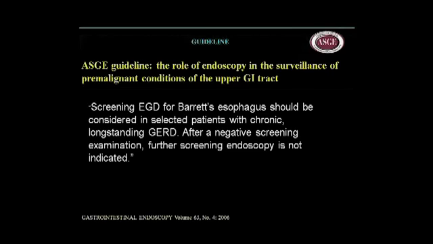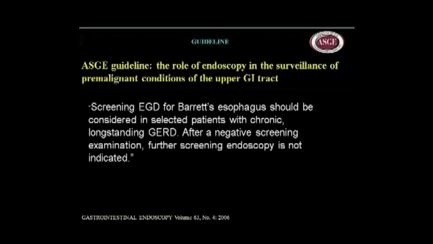This is the American Society of Gastrointestinal Endoscopy's recommendation, a little bit more flexible than the AGA's recommendation for screening, that I think is more realistic common practice these days. It would say that screening is reasonable in a patient that you think may be at high risk.